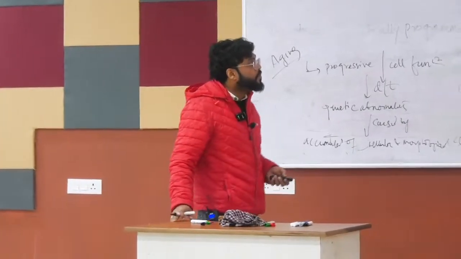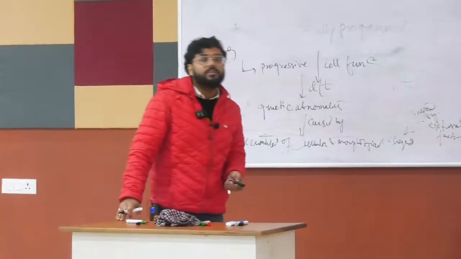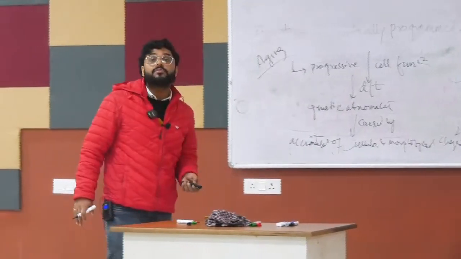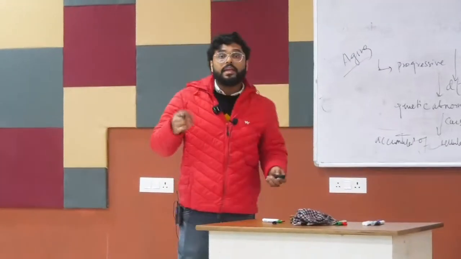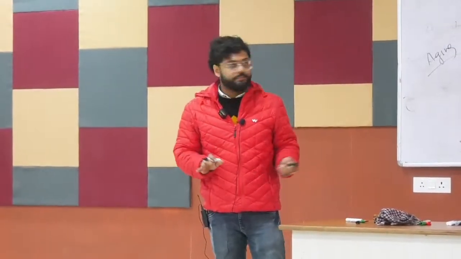And the fourth point is deregulated or dysregulated nutrient sensing, meaning some factors which maintain the normal physiological process of nutrition are altered in case of aging. Our description আমি আসবো literally meaning the chapter.